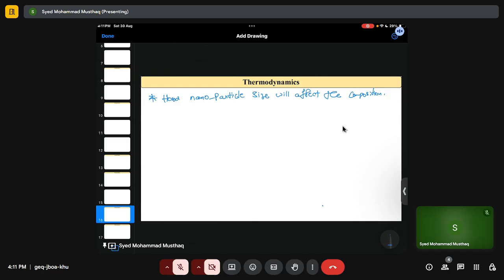This is what we want to know. How our nanoparticle size will affect the composition. So there were three equations which sir has told. So let's derive those parts. Okay.